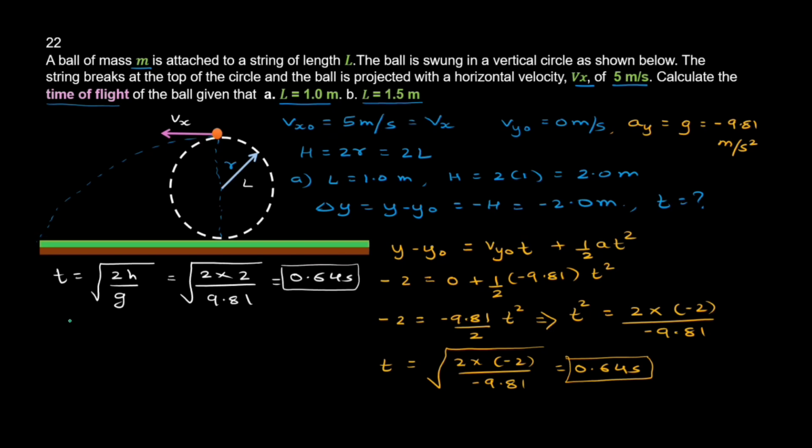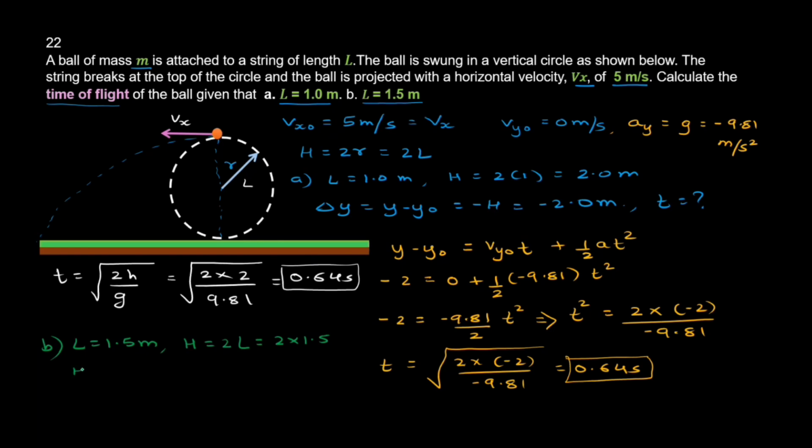Now for part B of the question, I'm going to directly apply this rule. So for part B, my length L is 1.5 meter. And we know that this length L is equal to the radius of the circle. So the height through which the ball is falling will be equal to the diameter of the circle, which is 2 times L. So height will be 2 times 1.5.